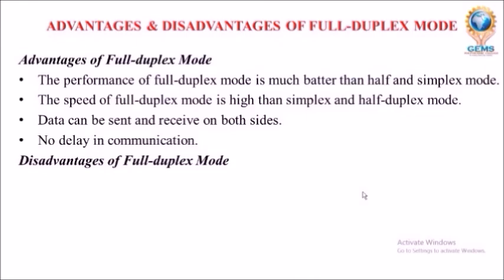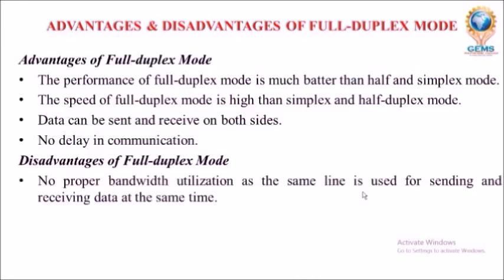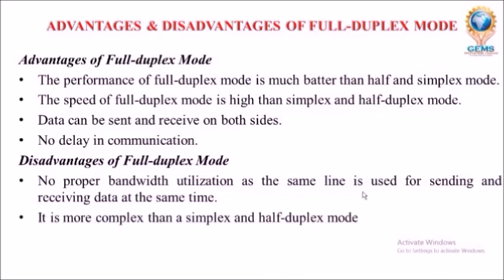Now let's talk about some disadvantages of full duplex mode. Bandwidth utilization. There will be a problem with bandwidth utilization; it will not be proper. Suppose we are dealing with composite signals, there we can face a lot of problems, because a composite signal has a combination of several signals with several frequencies and several different transmission speeds.